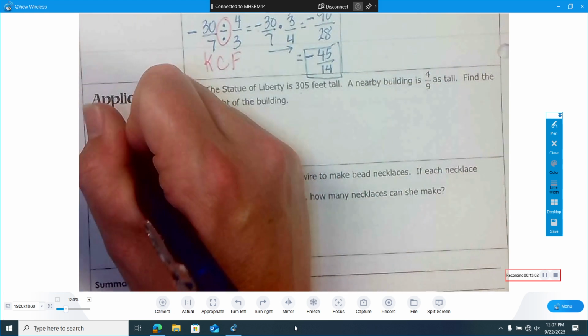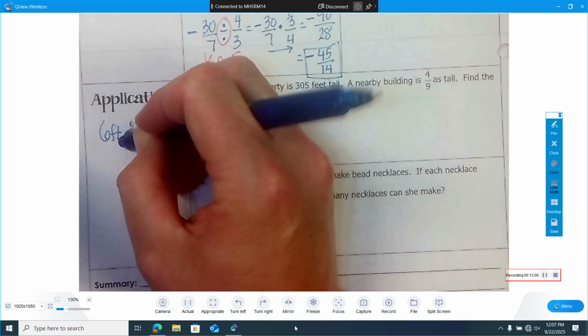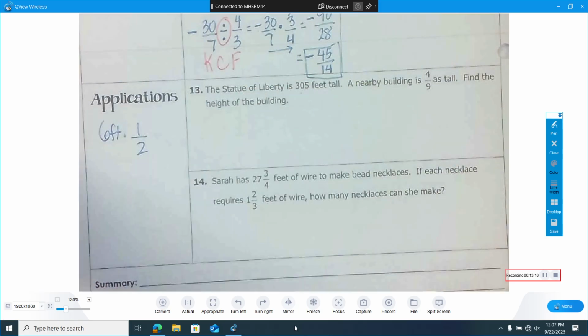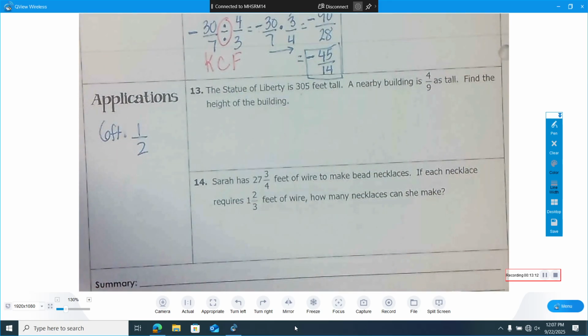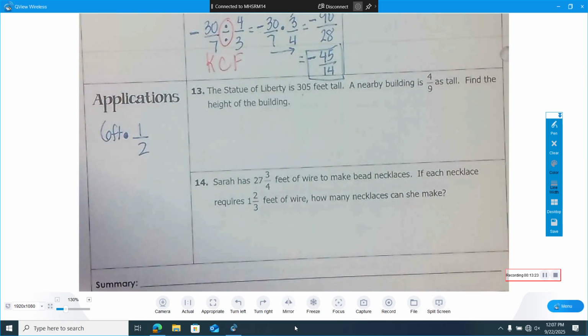So, if I am 6 feet tall, and I said that my kid was half as tall as me, what operation are we doing, multiplying or dividing that 6 and that 1/2 to get 3? Dividing by 2 or multiplying by half.